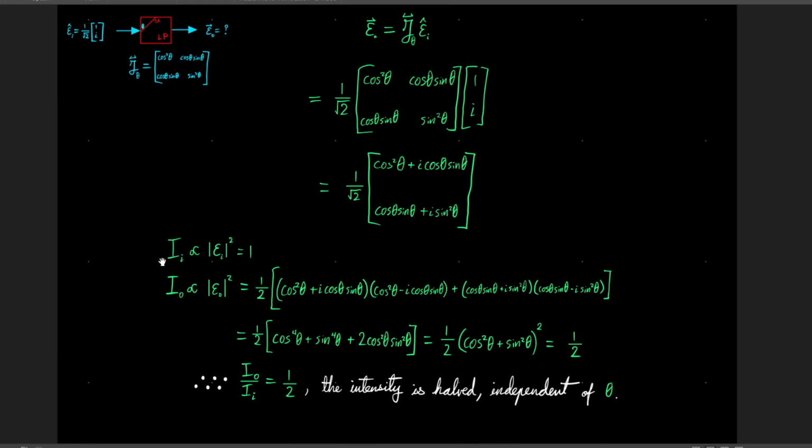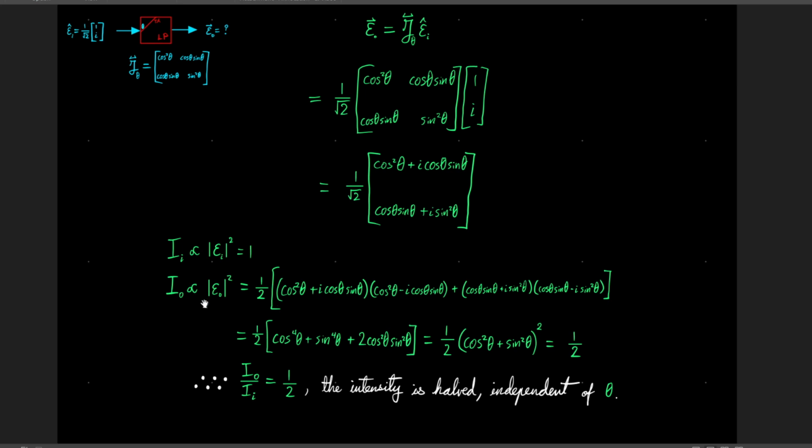Then you compare the ratio of these two intensities, the output intensity versus the input intensity. If you go through and find this, you get 1/2, which is independent of theta.